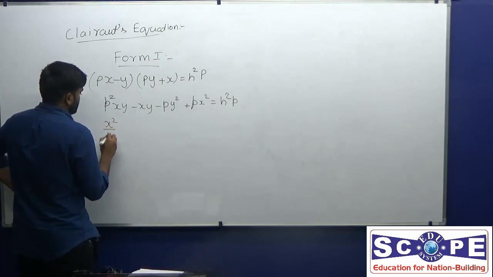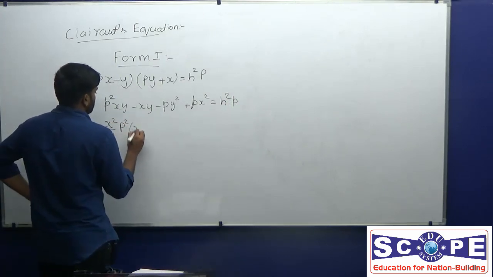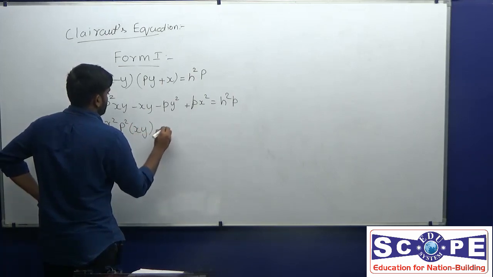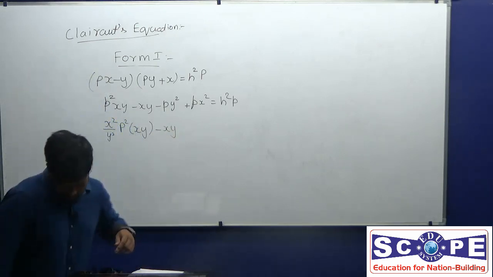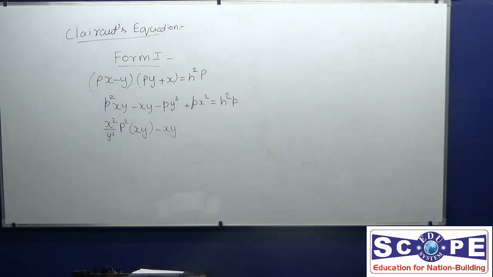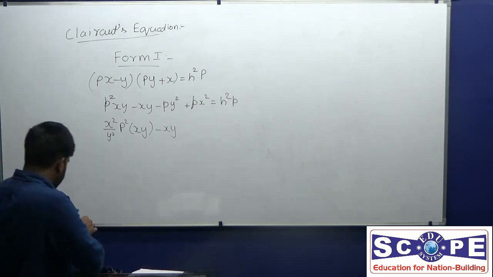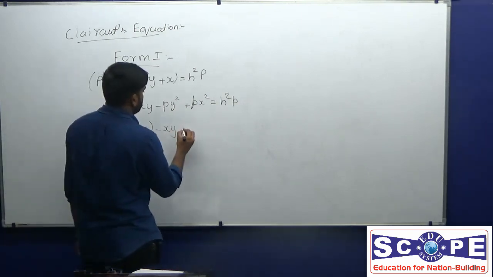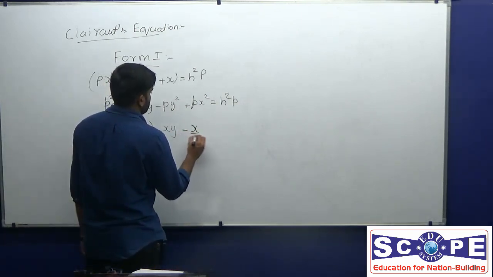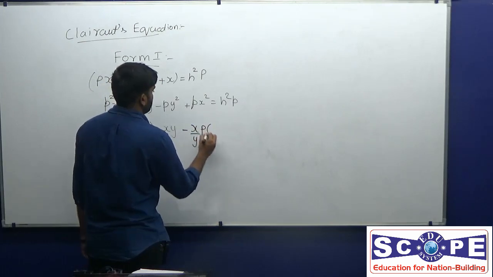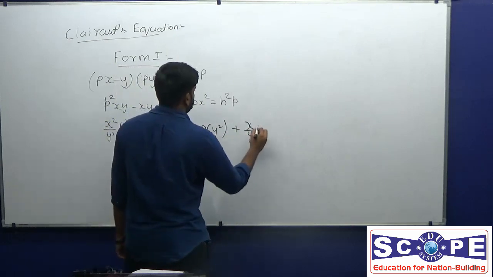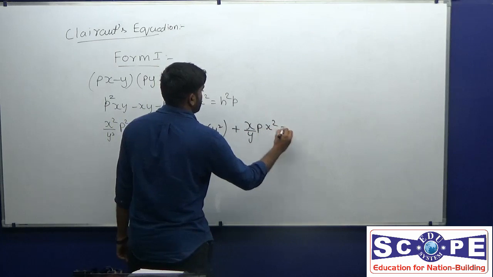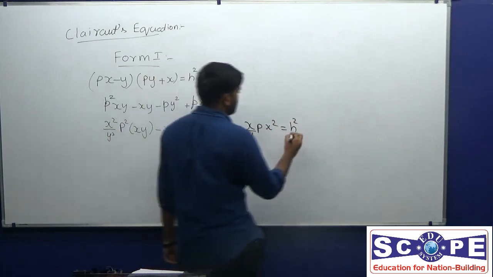If we substitute x square by y square, p square xy minus xy minus xy minus x by y p into y square plus x by y into p into x square equal to h square. This is a quite lengthy problem, I think.